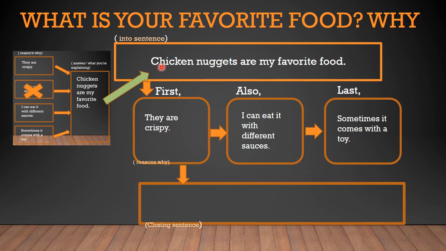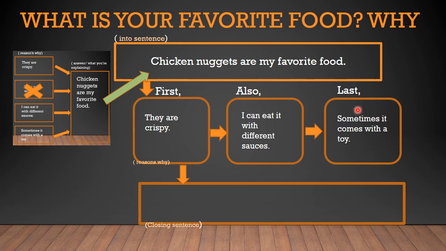So I'm going to start at my intro sentence and kind of just read through the whole thing and see what I can say at the end. Chicken nuggets are my favorite food. First, they are crispy. Also, I can eat it with different sauces.